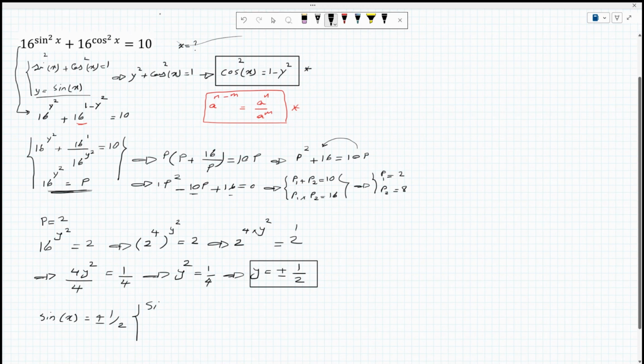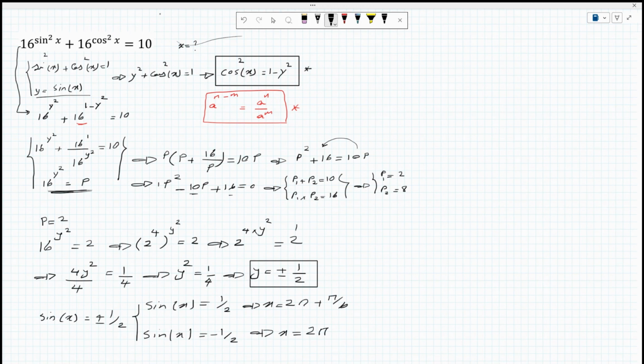Either sin x is 1 over 2 or sin x is minus 1 over 2. In this case, x is equal to 2π plus π over 6, and in this case x is equal to 2π minus π over 6.